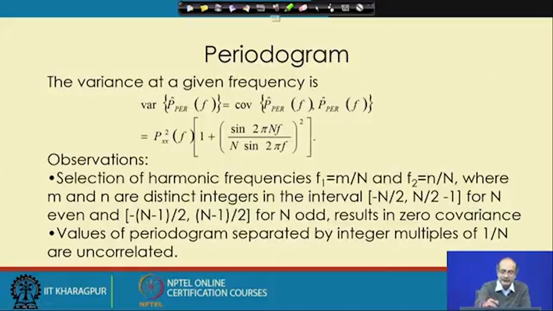Let us take some frequencies f1 and f2, which are harmonics given by m by capital N and small n by capital N. So, these are actually the frequencies you typically get when you take a DFT, that the DFT values you get in this way.